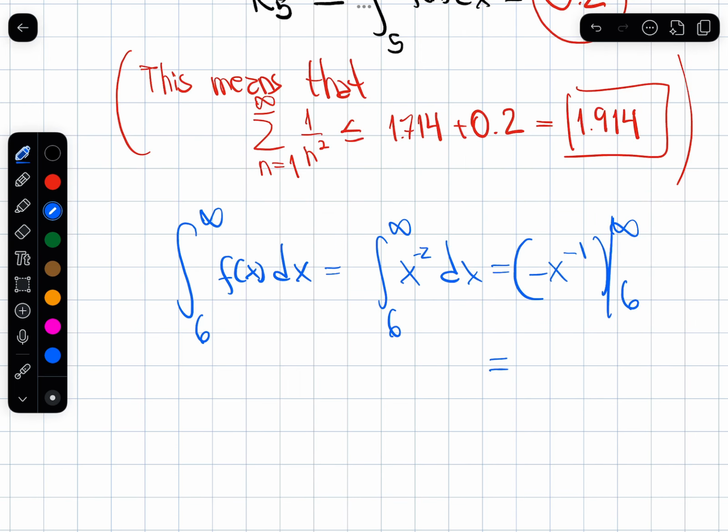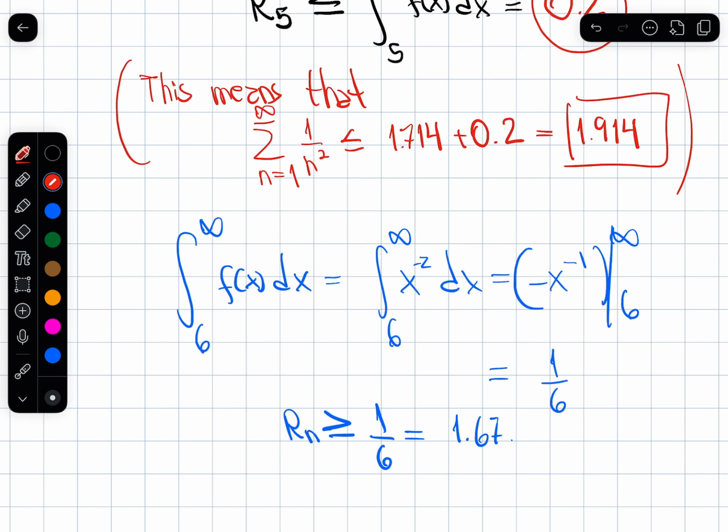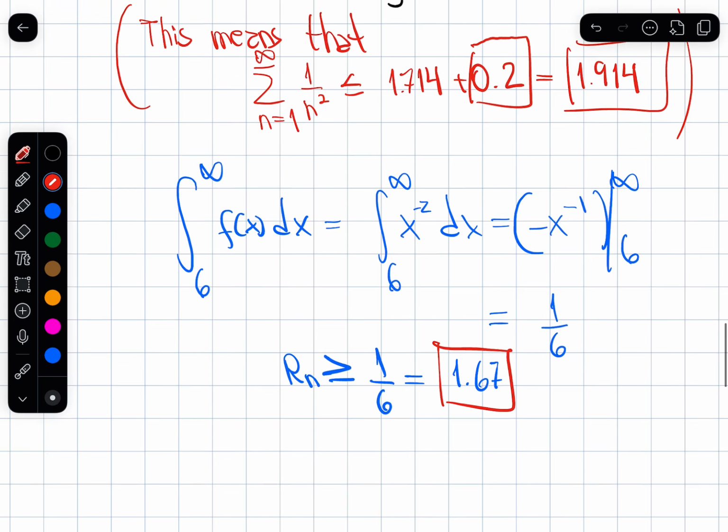Applying infinity gives me nothing, and then this is 1 over 6, the value of this integral. So I know that Rn is more than 1 over 6, which is 0.167, more or less. So that means my error, though it's not more than 0.2, is for sure more than 0.167.